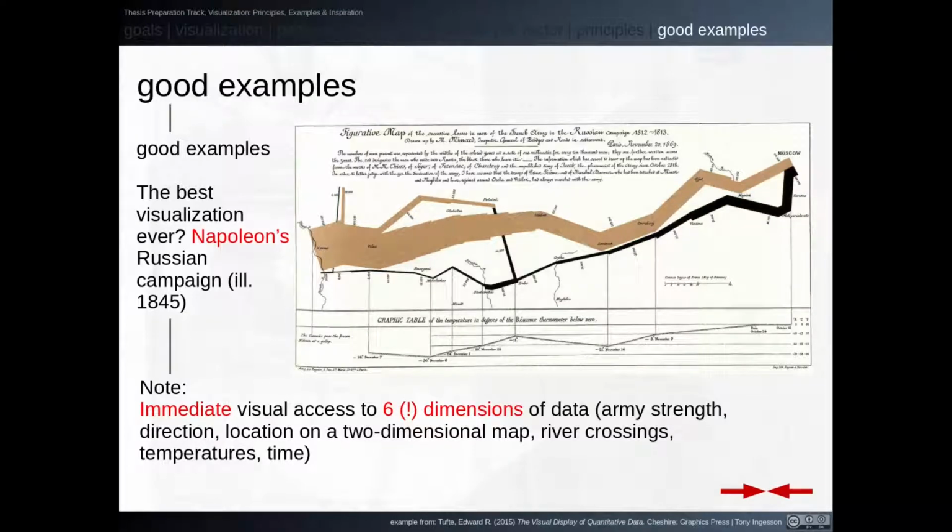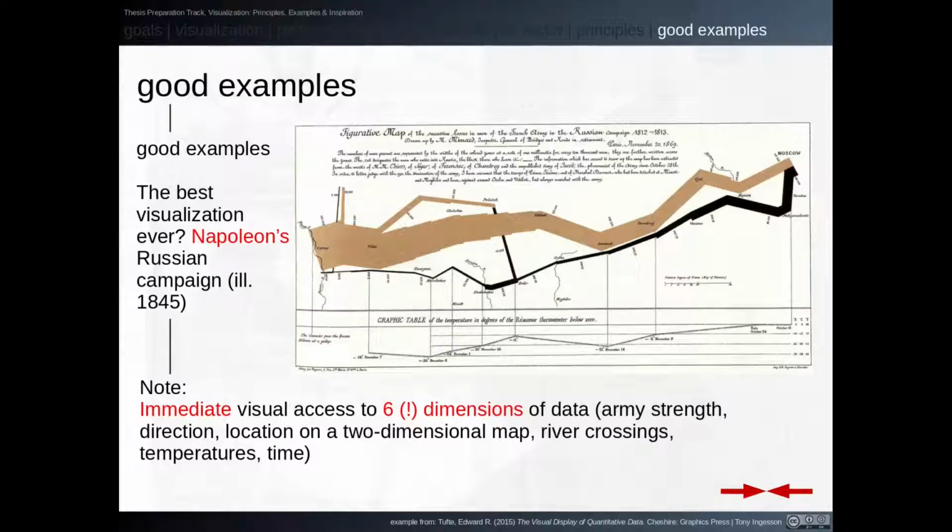And these are army strength, the direction that the army is traveling, its location at a specific point in time on a 2-dimensional map, its river crossings, which have a significance of their own, as well as temperatures and time. All these 6 dimensions can be read quite easily on this illustration if you know what it shows you.